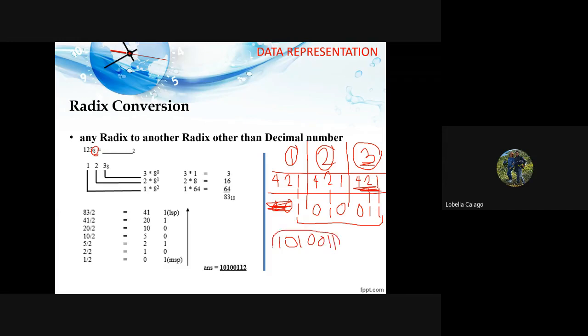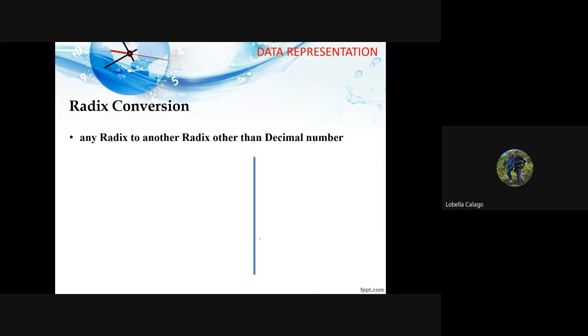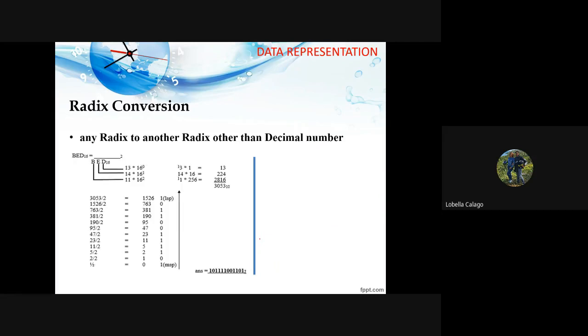Okay, tingnan nyo. Diyan. Okay mali to base 2 to base 2. Oh, yan yung answer natin. So, long cut and the shortcut are the same. Okay, how about 16? Para makita nyo si base 16. Yan.